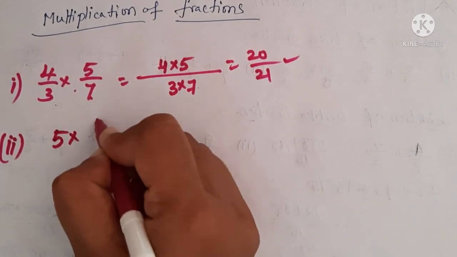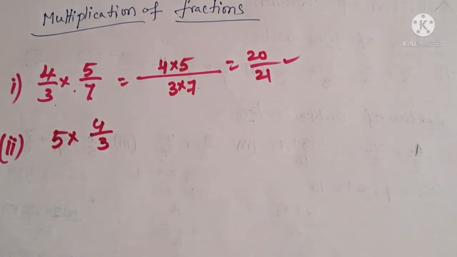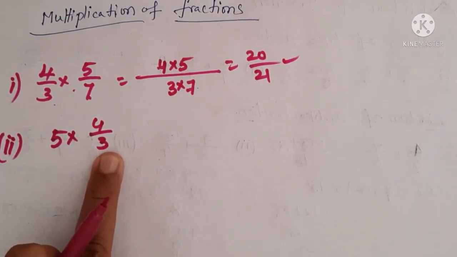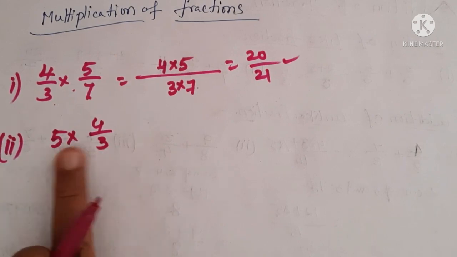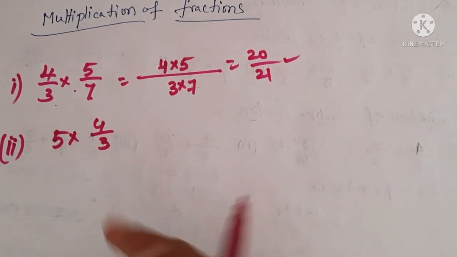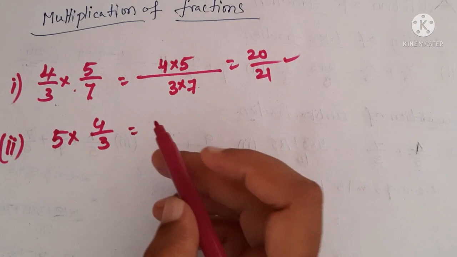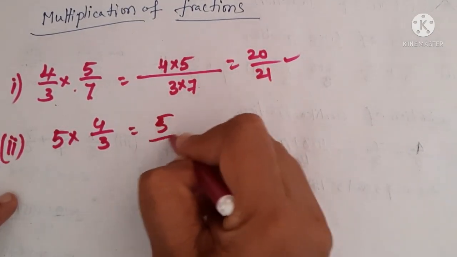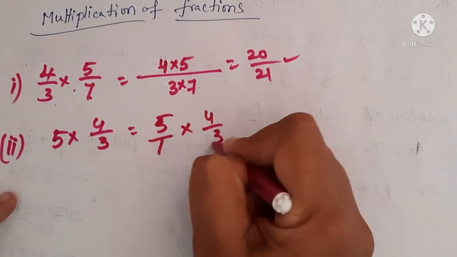And next example, 5 into 4 by 3. This is the whole number and this is the fraction. How can we multiply these two numbers? This is simple. You know that 5 is written as 5 by 1, into 4 by 3.